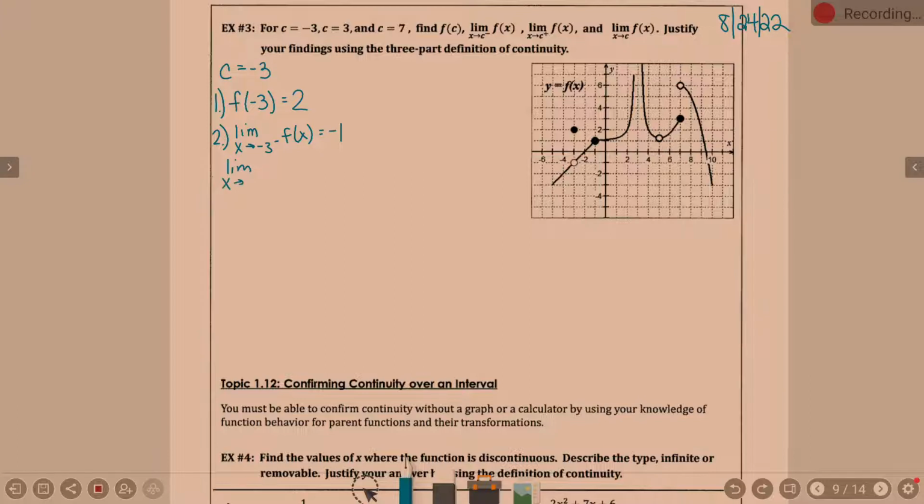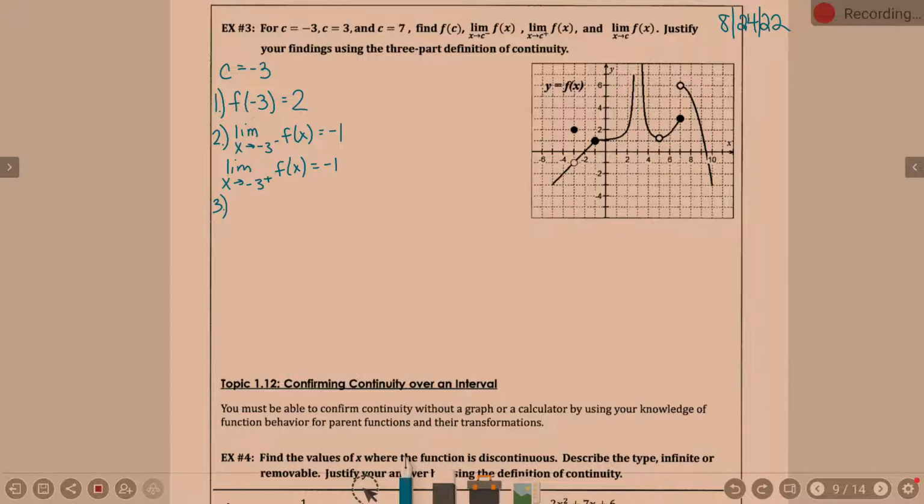The limit as x approaches -3 from the right is what? -1. I'm not going to write it, but essentially that is saying the limit as x approaches -3 in general is -1, correct? So now, part 3 is stating that where the point is defined equals the limit.